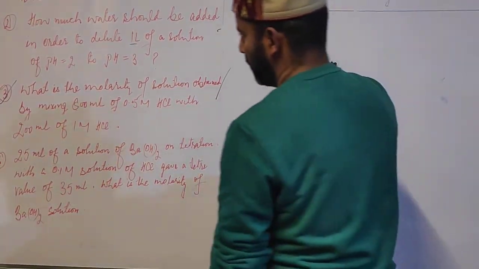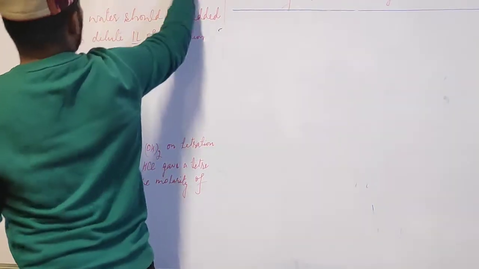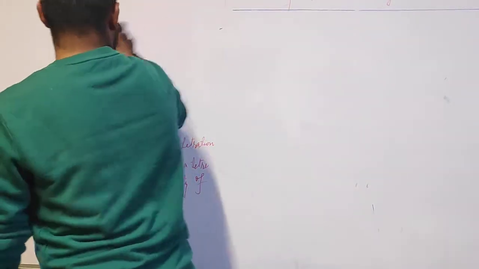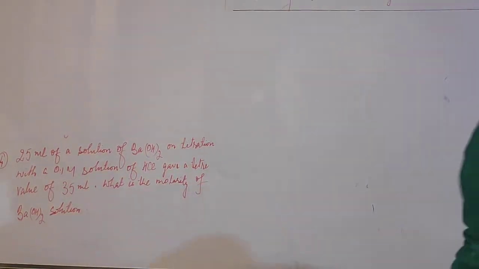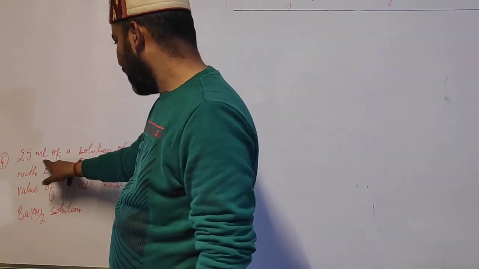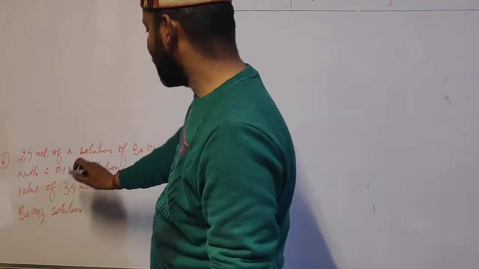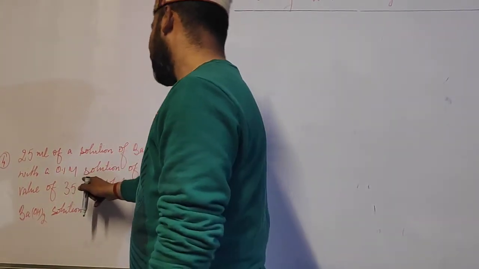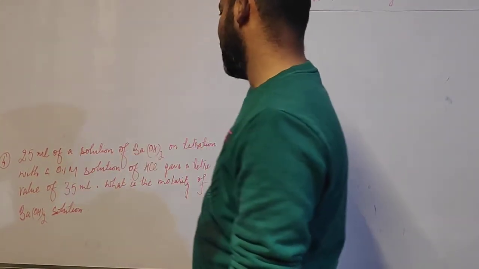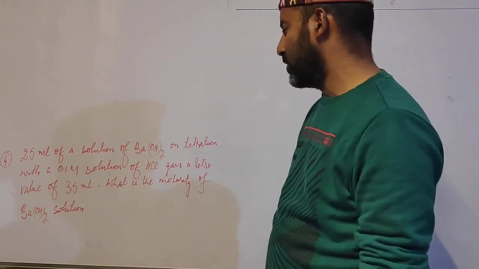Now students, see, in this question we have 25 milliliters of a solution of barium hydroxide which on titration with 0.5 molar solution of HCl gave a titer value of 35 milliliters.